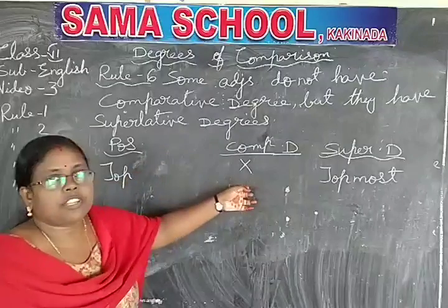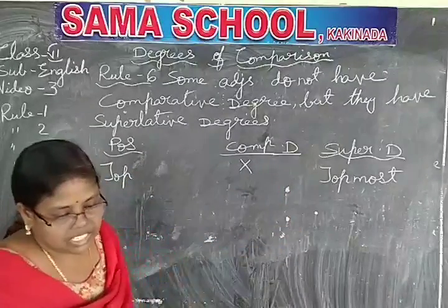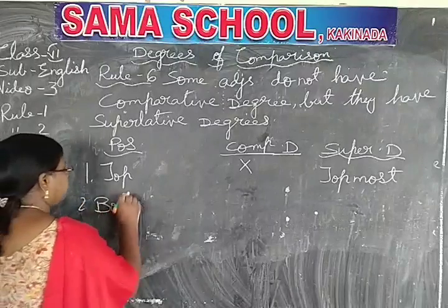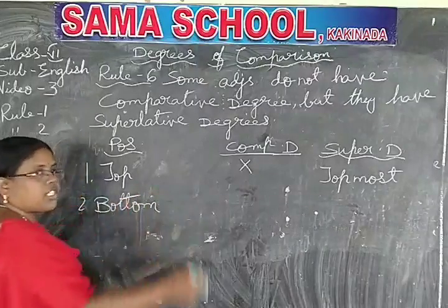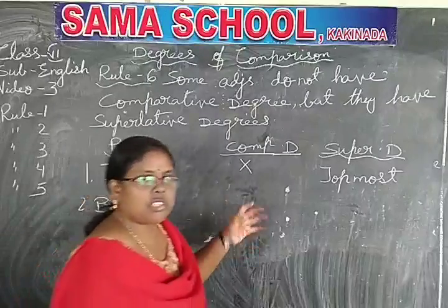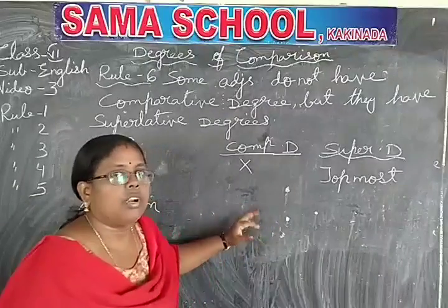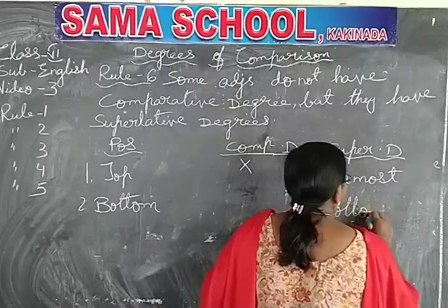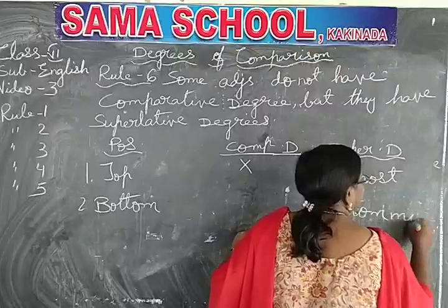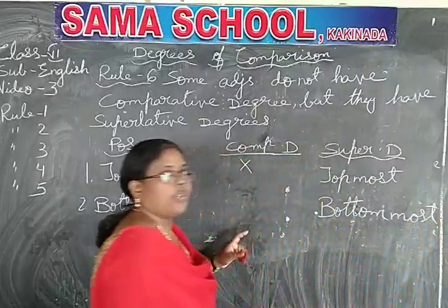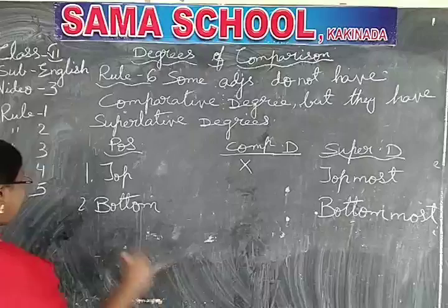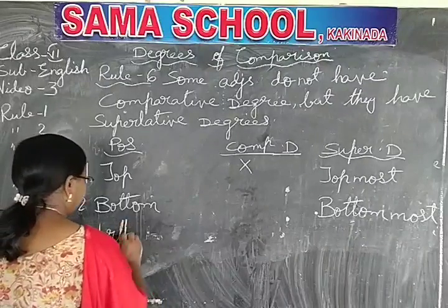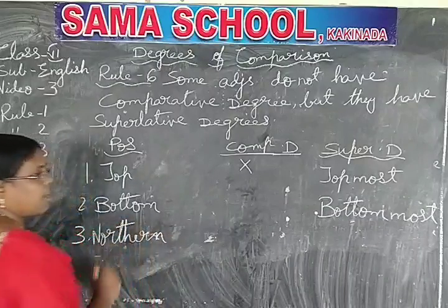Some adjectives don't have comparative degrees, but they have superlative degrees. Bottom is there. In the bottom of the river, we say. We can't say bottom more. We should say only bottommost. And the third one is northern.